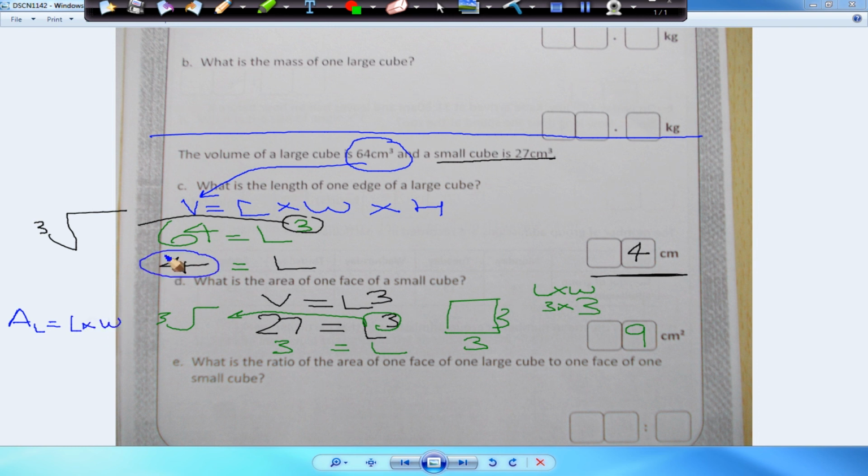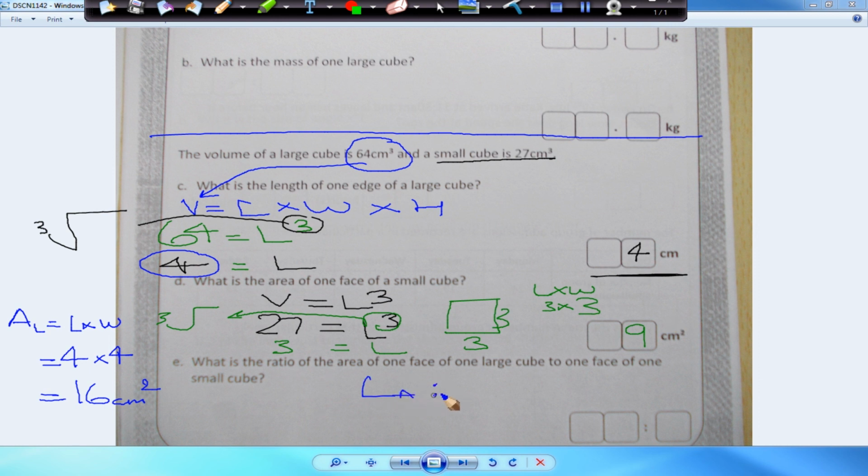The length of the large cube is 4. So we have 4 times by 4. So the area of the large one is equal to 16 centimeters squared. And what was the area of the small one? 9.